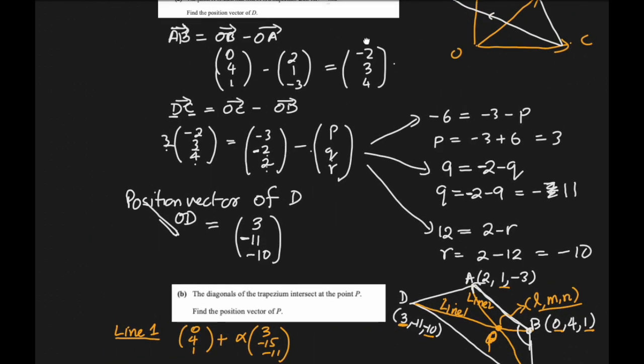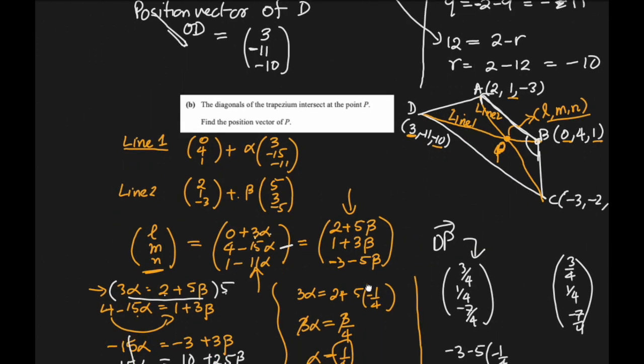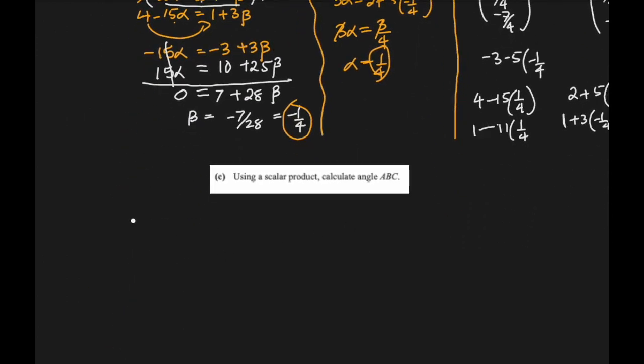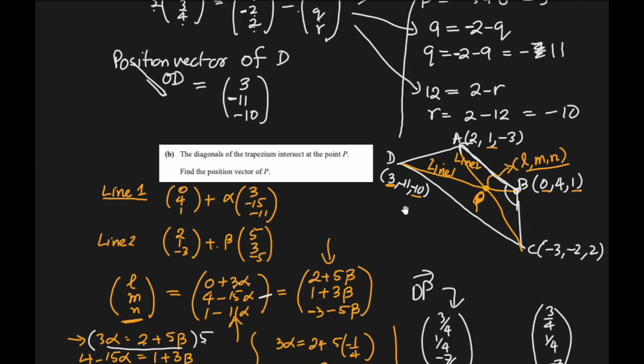This was minus 2, 3, 4. Since I want BA, it will be the opposite of minus 2, 3, 4. It will be 2, minus 3, minus 4. In place of AB, I have written BA because I want the tail to tail angle. We can't have a head to tail angle.